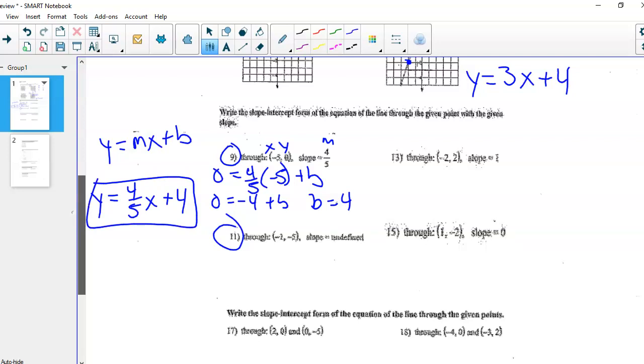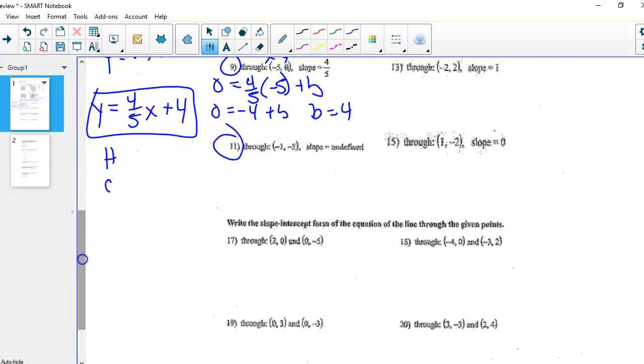If you get a question like these two, and it says slope is 0 or slope is undefined, use Hoy bucks. So for 11, it says our slope is undefined. Remember that these two are your slopes, 0 and undefined.